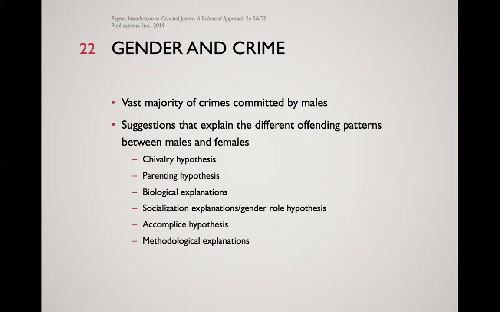If you want to look into the accomplice hypothesis, it's pretty interesting that a lot of times when both male and female are 50-50 equally as guilty of committing a crime, what happens throughout the criminal justice process is the female in the situation is kind of looked at as the accomplice who gets the deal or gets away with it because they're going to go ahead and charge the male. Tons of different ways that gender and crime vary across males and females.